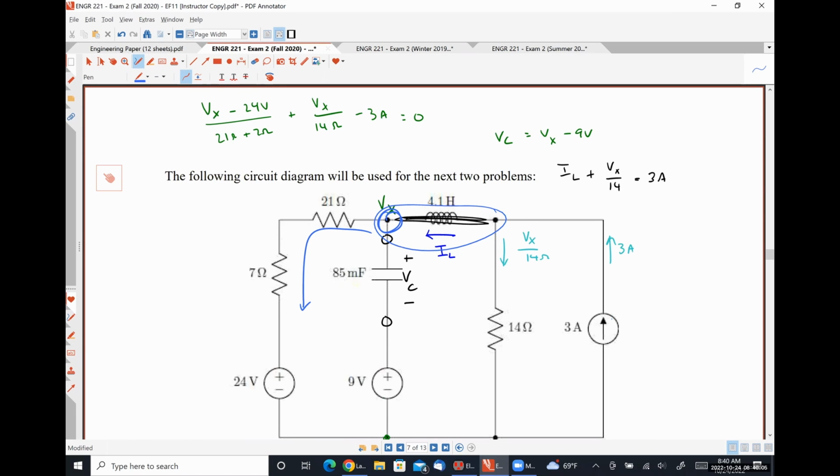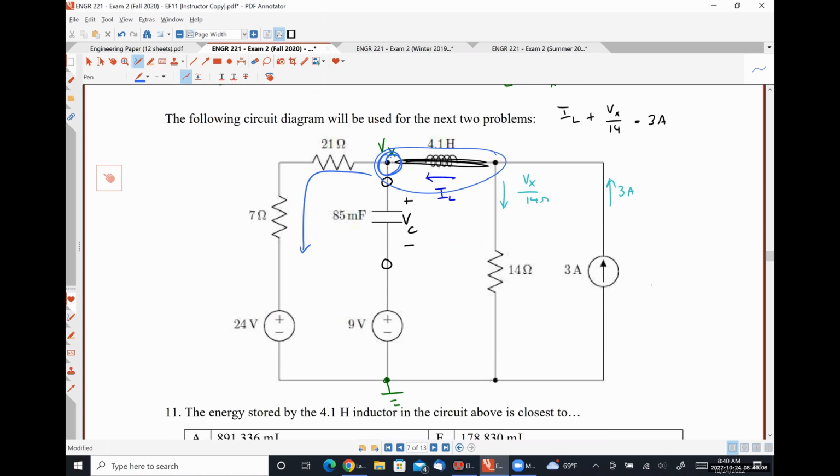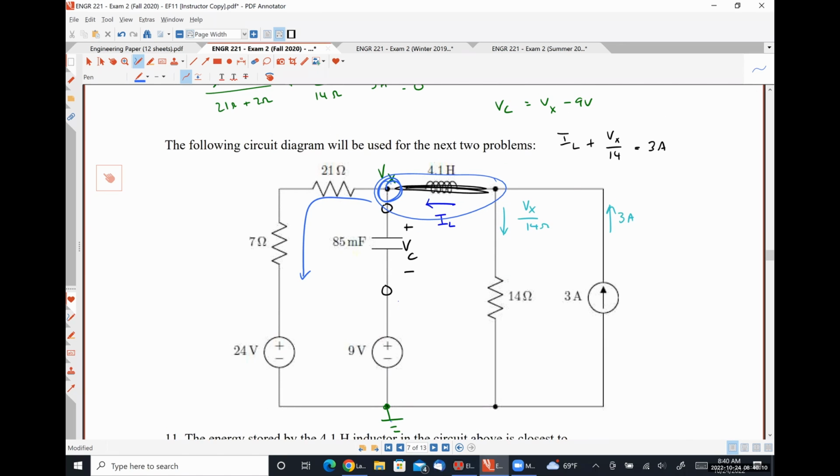So Vx is a voltage at this node with respect to ground. The voltage here is 9 volts with respect to ground. So that's effectively almost like me doing a Kirchhoff's voltage law equation around that loop. It's the nodal voltage present at the positive polarity terminal minus the nodal voltage present at the negative polarity terminal.